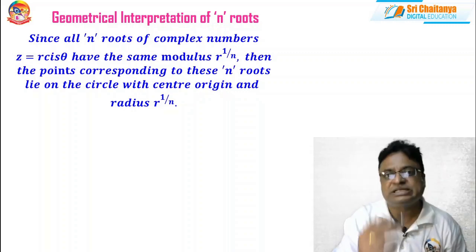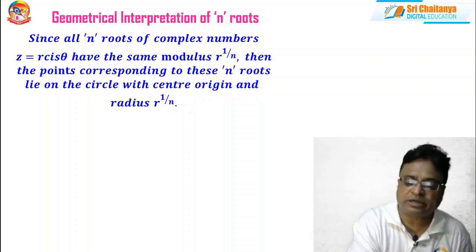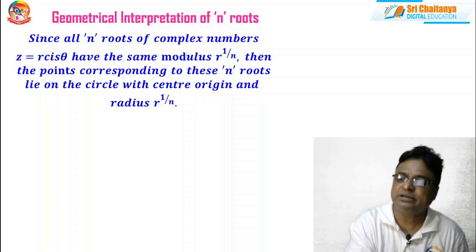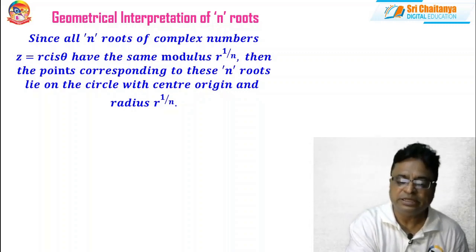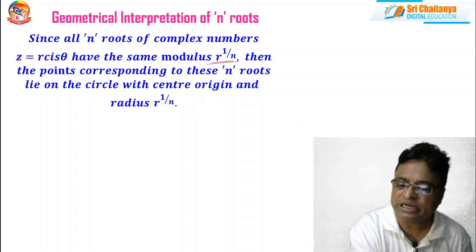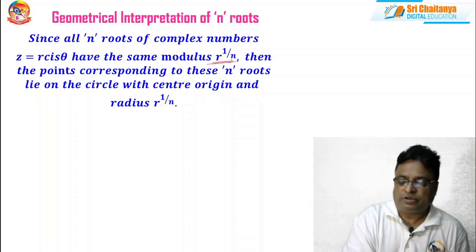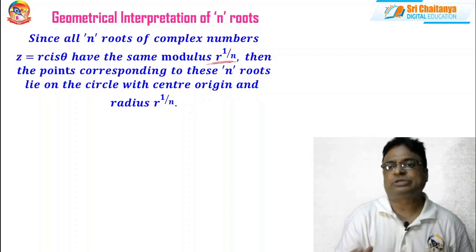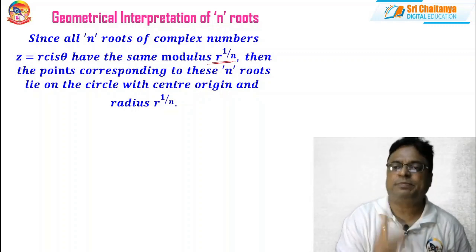See, all the nth roots of the complex number z is equal to r cis theta, that is r (cos theta plus i sin theta), have the same modulus. So if a complex number has n roots, all the n roots have the same modulus. That is one important point.